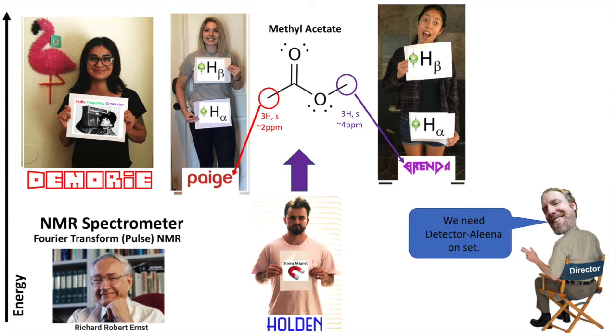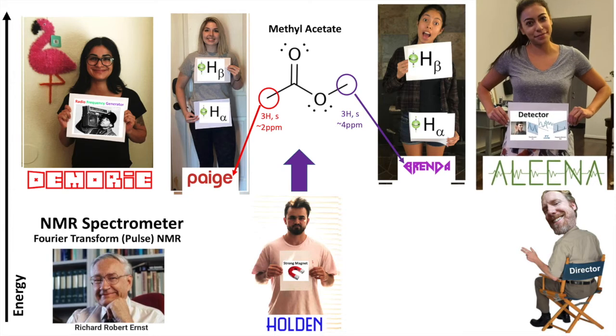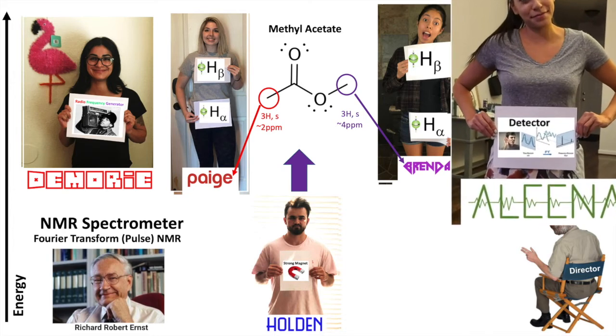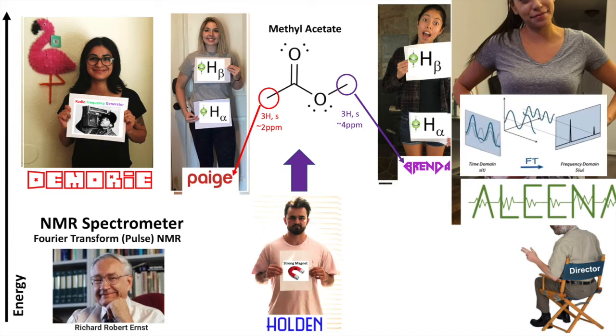So we need a detector, Alina, on the set. Here's Alina, our detector, and you'll notice something a little different about her. She's not just a regular detector. She also has a Fourier transform as part of her detection and creating a spectrum.